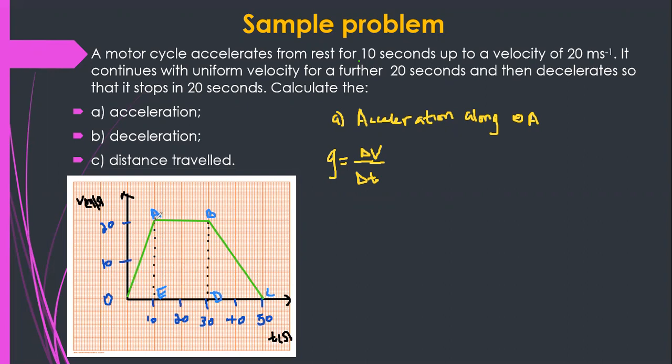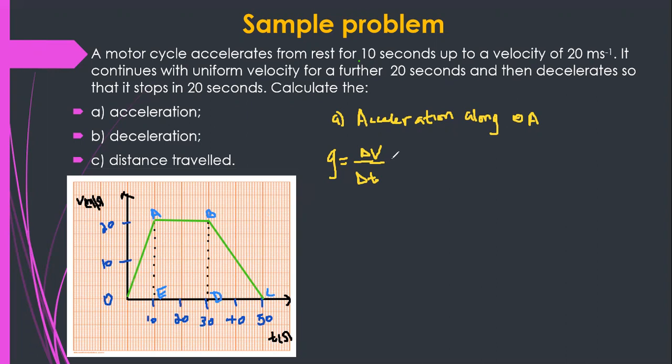That is this point to this point. So this point is what we have here, this A. This is A, and when you trace it to the velocity axis or y-axis, you have 20 here. And then when you go down, here you've got E, and when you trace it to the y-axis, which is the velocity, you have 0, and then that means 20 minus 0, you are going to have 20.